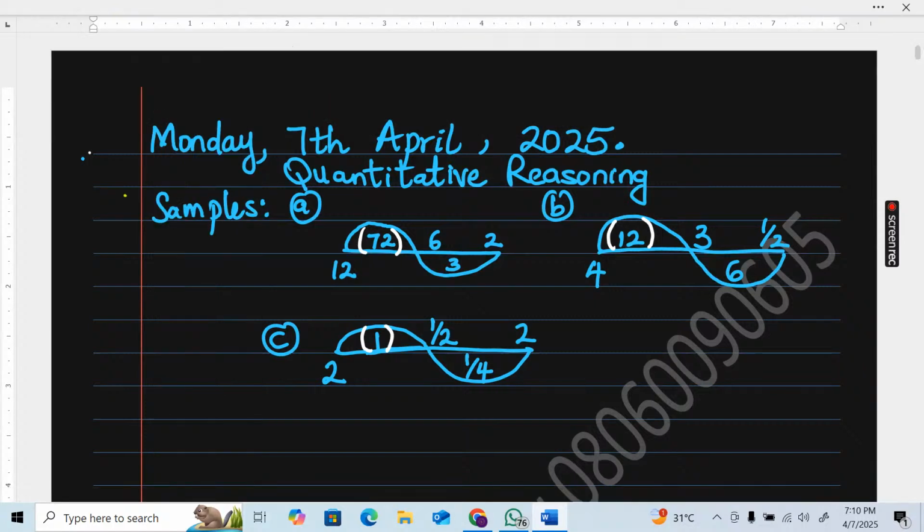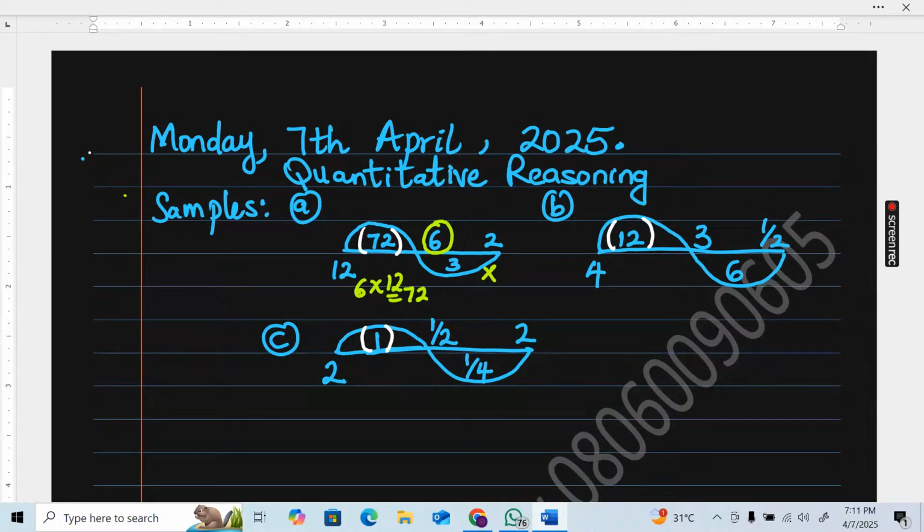I'm going to start from the right side of sample A. 2 times 3 will give us 6. You can see 6 right here in my sample A. Then 6 times 12. 6 times 12 is equal to 72. So that is how to get 72.